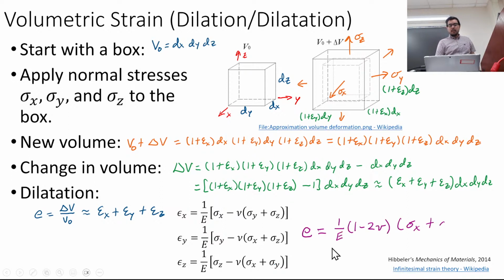So another way of writing out the dilatation is to think about epsilon x, epsilon y, and epsilon z in terms of the associated stresses in x, y, and z. Essentially substituting these in there gives us this expression for the dilatation.